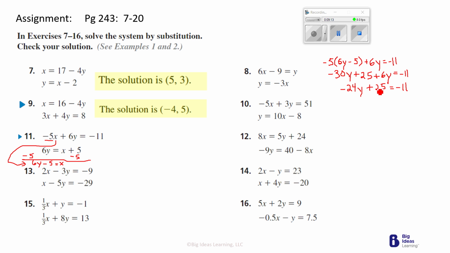Let's see, we're going to combine like terms, so we're going to subtract 25 from both sides. Now we have negative 24y is equal to negative 36. Now we've got to divide negative 24 away.